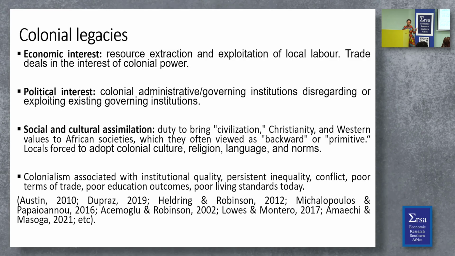So locals were forced to adopt colonial culture, religion, language, and norms. And today we still are using those same colonial culture, religion. Well, I'm instructing you in a colonial language, right? And all of you understand this colonial language. Need I say more? No, there's the assimilation, right?